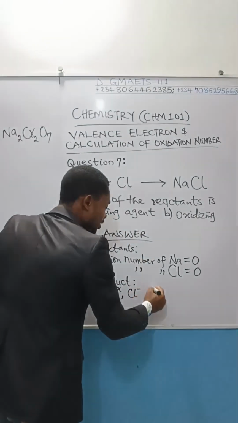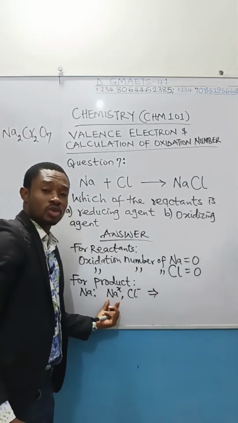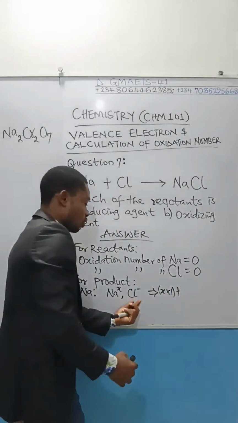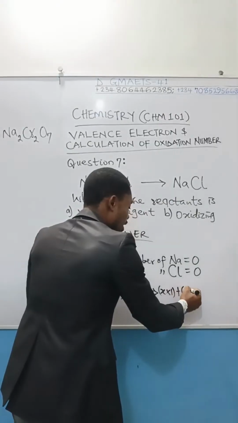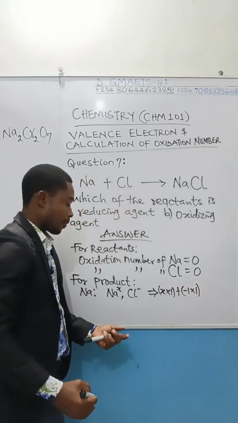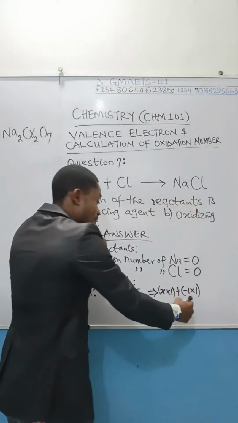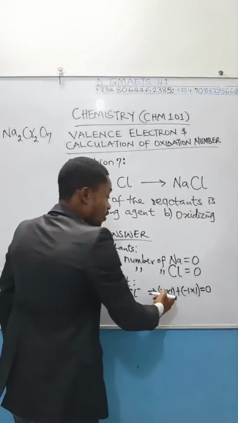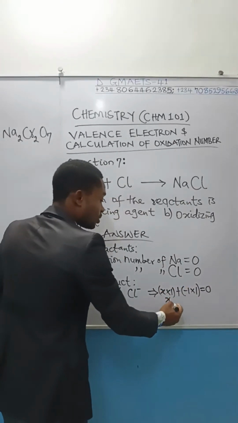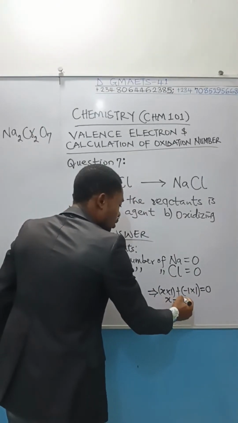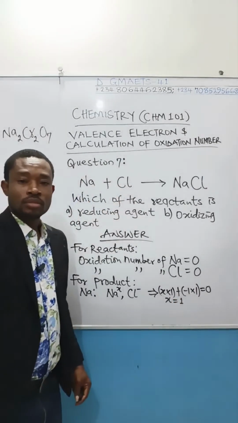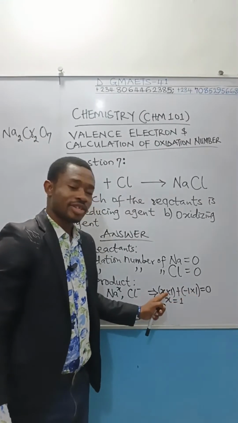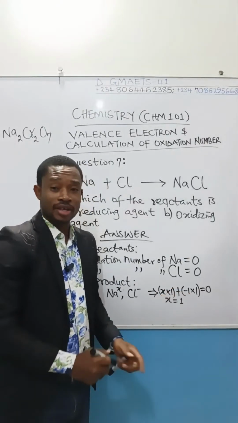So we calculate: x times 1 plus, for chlorine, the valency is -1 times the atomicity, 1, because the atomicity of chlorine in this compound is 1. Equate it to 0, since this is a compound. Clearly, -1 times 1 gives -1. This is x already: x minus 1 equals 0. Solve for x, you get 1.